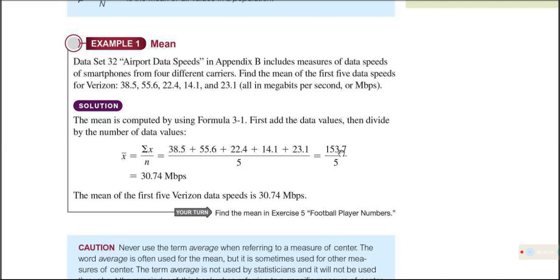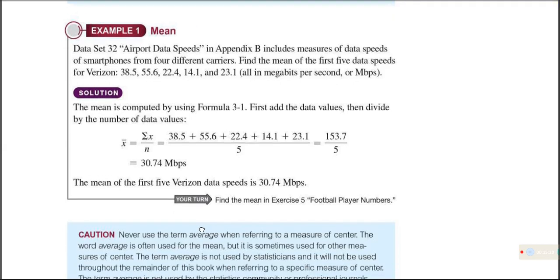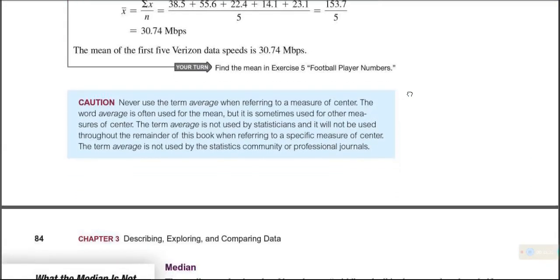You will end up with 153.7. Pagkatapos mo silang i-add, i-divide mo sila sa dami nila. So, meron tayong isa, dalawa, tatlo, apat, lima. So, divided by 5. So, 153.7 divided by 5, the average speed is 30.74 Mbps. So the mean of the first 5 Verizon data is 30.74 Mbps.